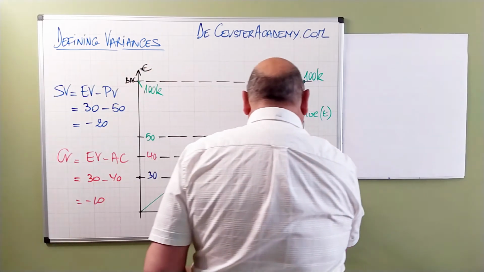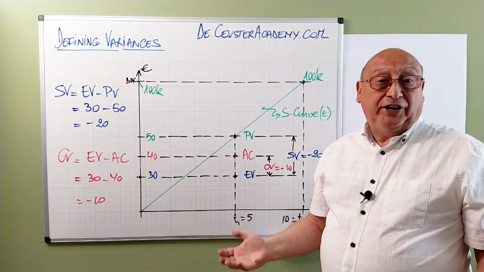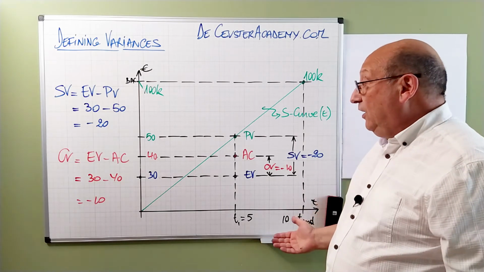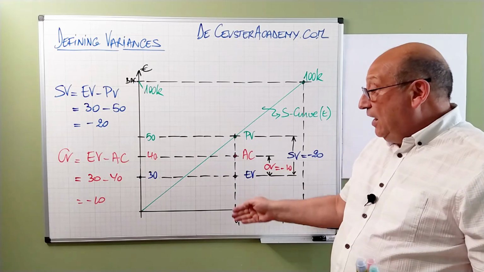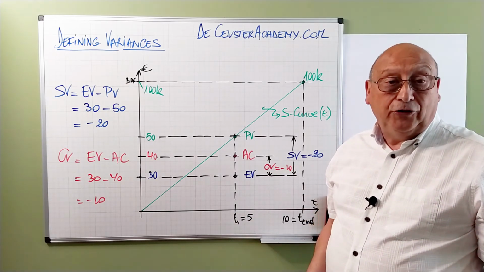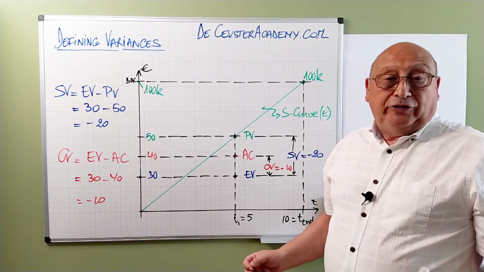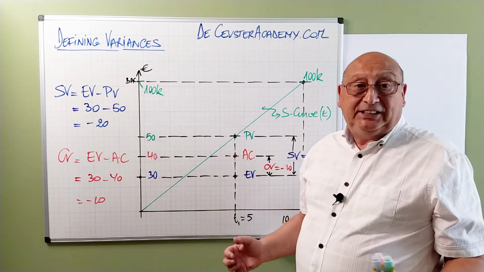The conclusion for our project is very simple. We are behind schedule because the schedule variance is negative, and we are over budget because the cost variance is also negative. Not a very good project. We're late and spending too much money, but these things happen.